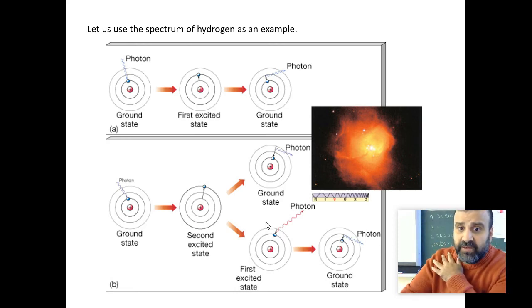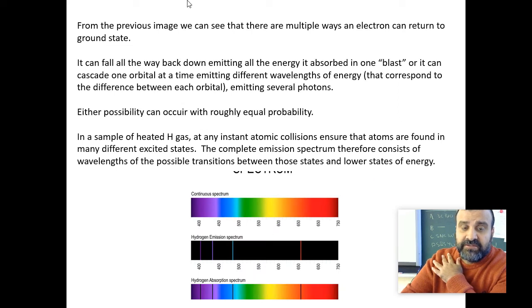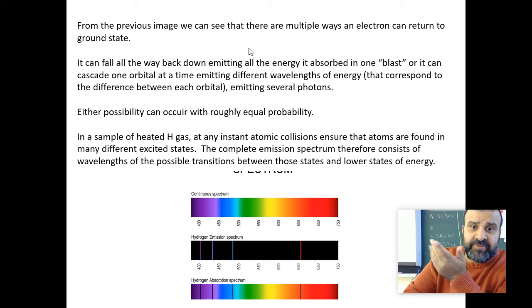Okay, continue. So this is me here explaining what's happening. From the previous image, we can see that there are multiple ways an electron can return to ground state. It can fall all the way back down, emitting all the energy absorbed in one blast, or it can cascade one orbital at a time, emitting different wavelengths of energies, right?